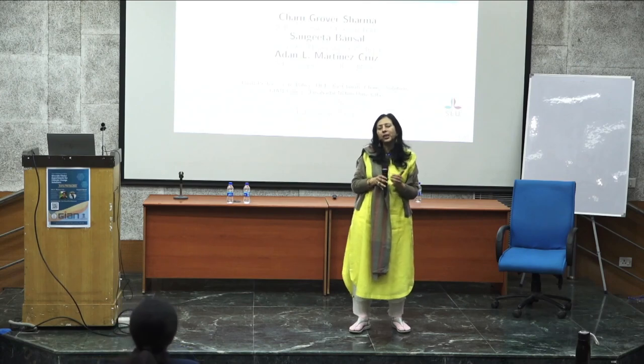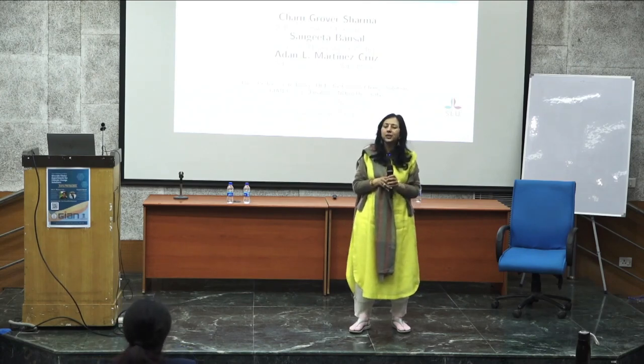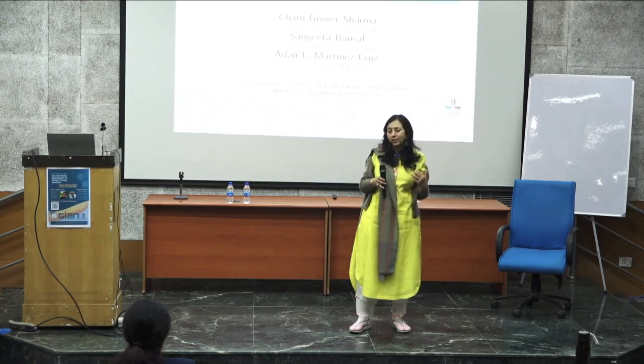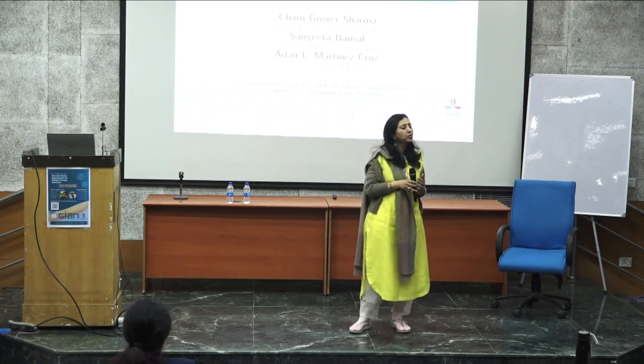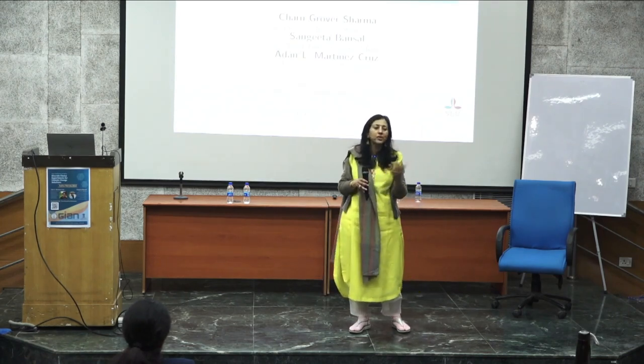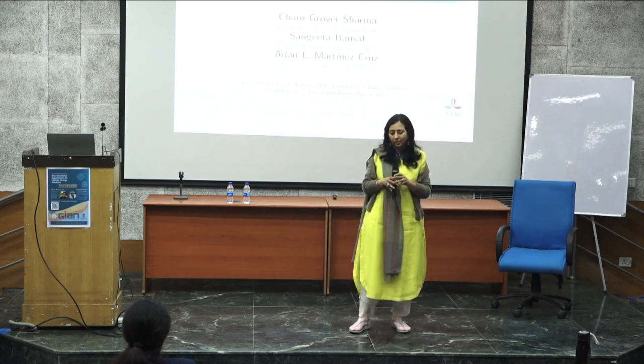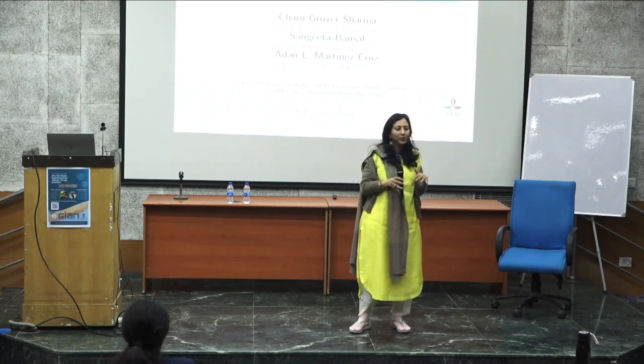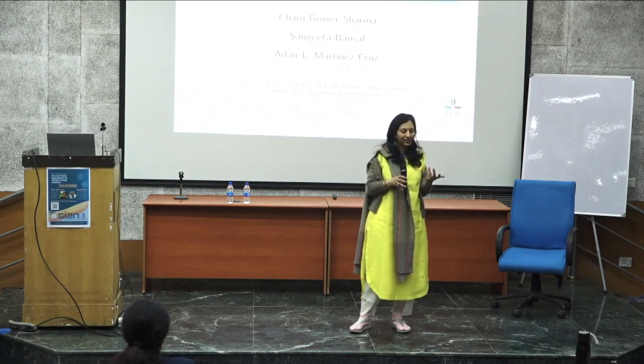So when we make all these commitments, that means that there needs to be some domestic action, some pathways to be able to meet the target. We just go into an international negotiation and commit that we are going to do this. But when we come back home, we have to do something, right?